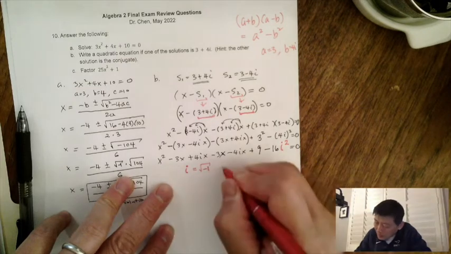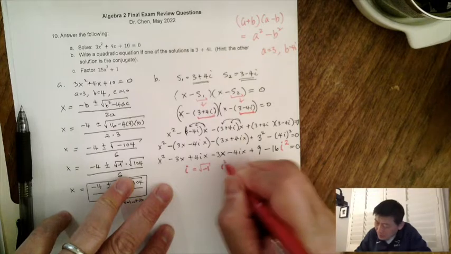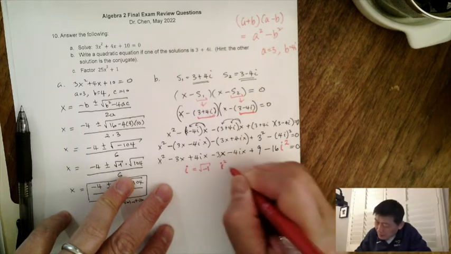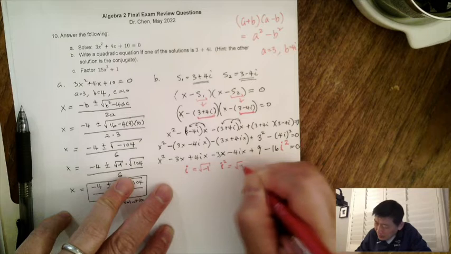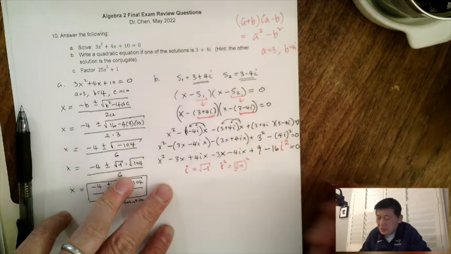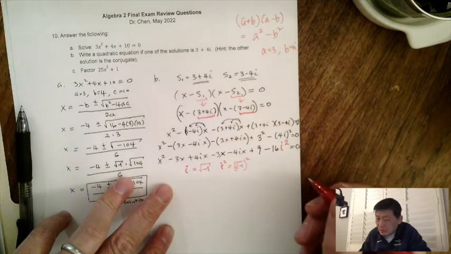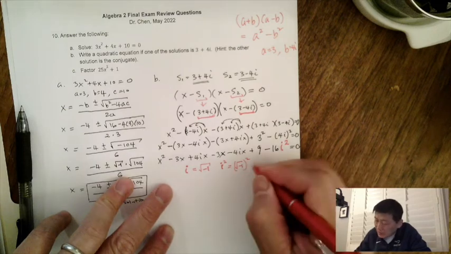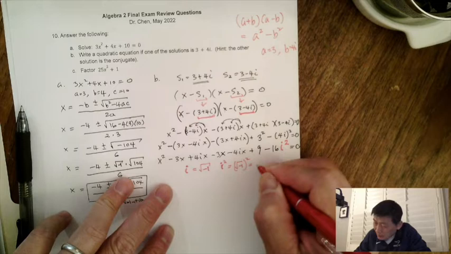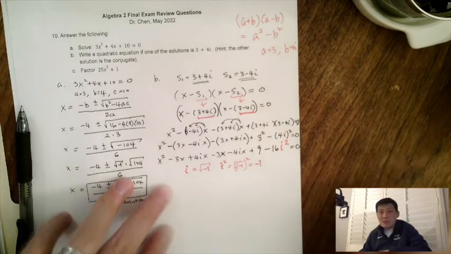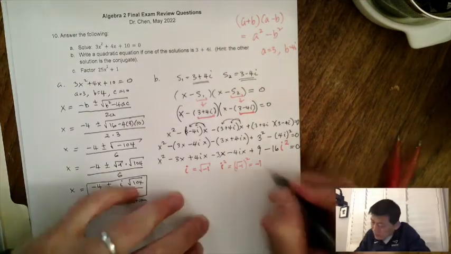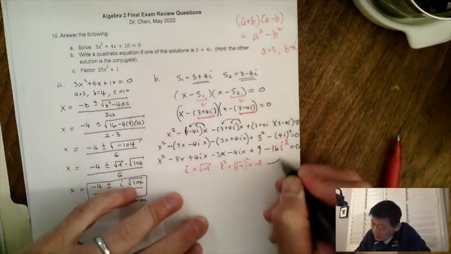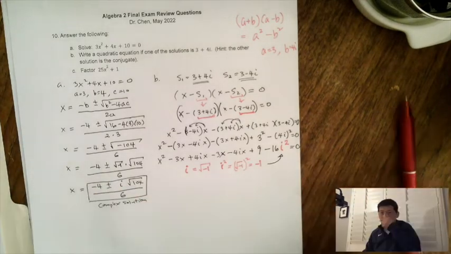So what that means is i squared is the square root of -1, parentheses squared, right? And so it just becomes what? Becomes -1. So i squared is -1. So I'm going to put i squared = -1 and replace it with i squared right there.